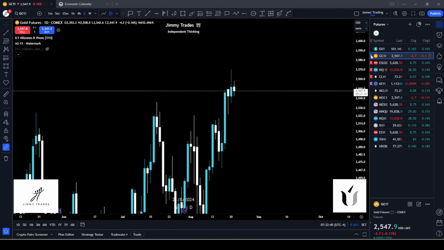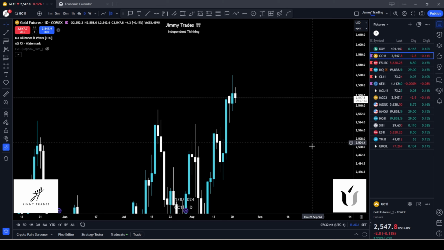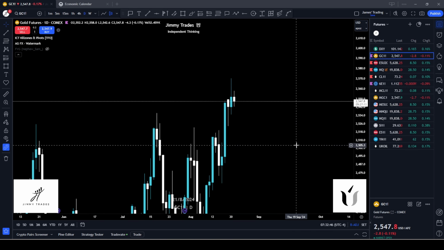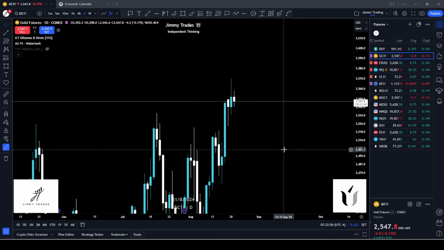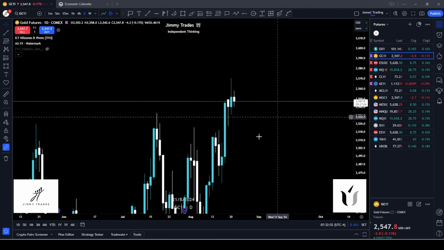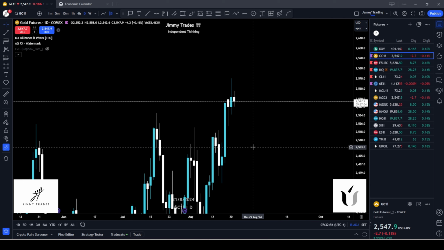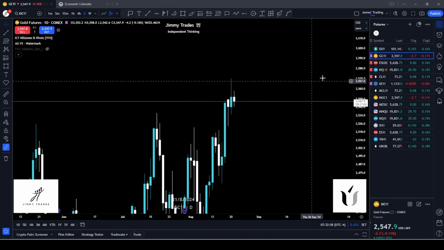For me, I would be looking at a neutral position on gold and then using the hourly to leverage from. So what that means, if I've got a neutral position, I could essentially take a position either way, depending on what the hourly structure gives us.